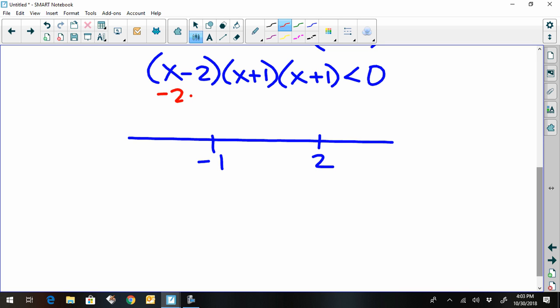So negative 2 minus 2 times negative 2 plus 1 times negative 2 plus 1. All right, so negative 2 minus 2, we get negative 4 times negative 2 plus 1, we get negative 1 times a negative. So a negative times a negative times a negative, we know it's still a negative. So right here, we're at negative.